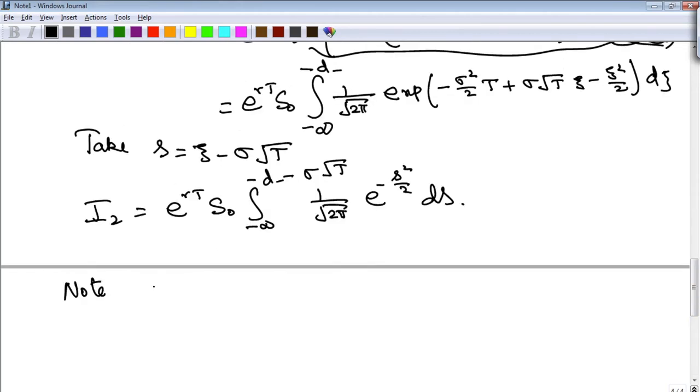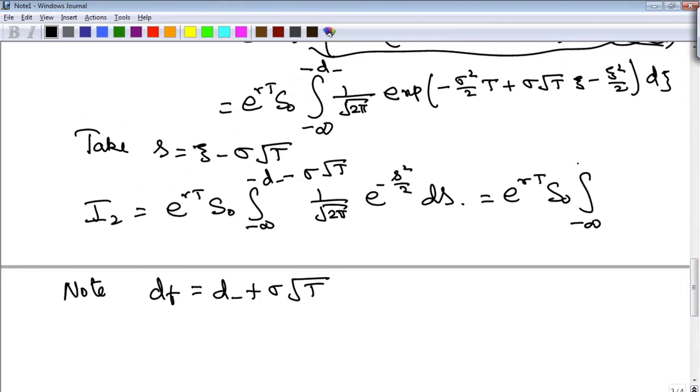Note that d plus is precisely d minus plus sigma root T. You can see that. Therefore, this can be written as e^{rT} S_0 integral minus infinity to minus d plus of 1 by root 2 pi e^{minus s square by 2} ds.